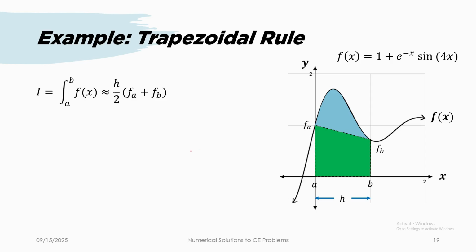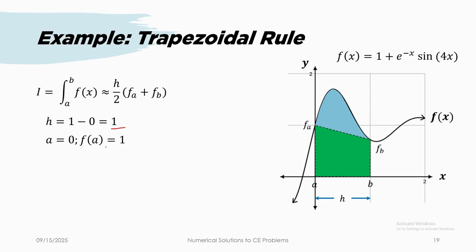If we recall the formula, h over 2 times f of a plus f of b. We have h as the distance of a to b, so that would just be 1 minus 0, and a is at 0.